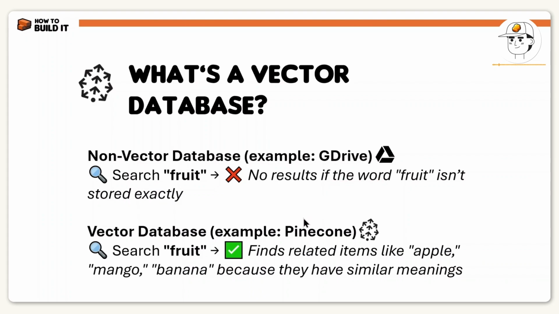But in a vector database, for example Pinecone, which is the service that we'll be using in a minute, if you search for something like fruit, it can actually find you related items like apple, mangoes, bananas, because the database inherently understands that those words are related and have similar meanings, and so the user may be interested in these. And so you can see why that's important as context for an AI agent to use.